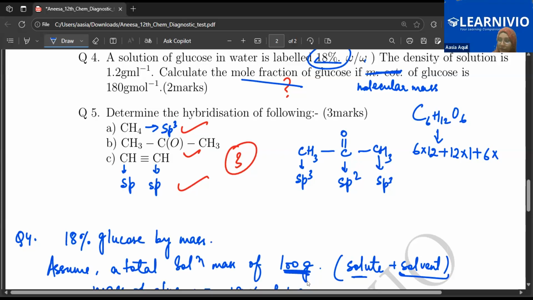Yes, Aneesa. 16. Yeah, it's 16. Now, when you add this, you will get 180 gram per mole. So that's the molecular mass of glucose.